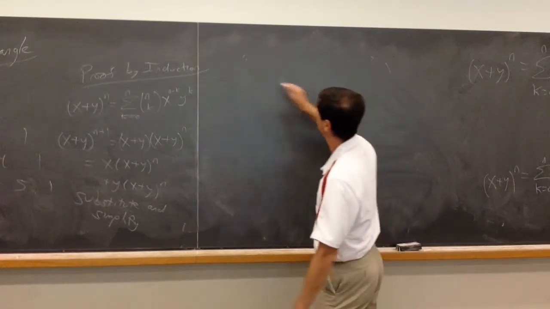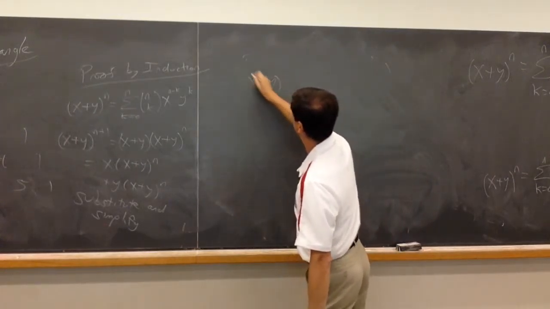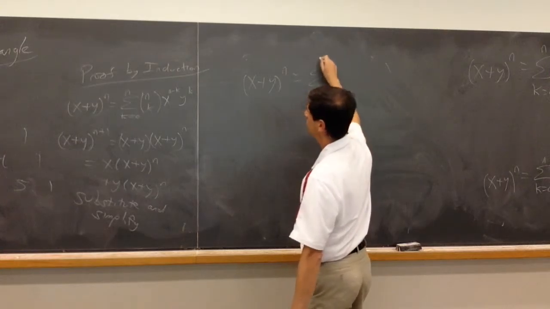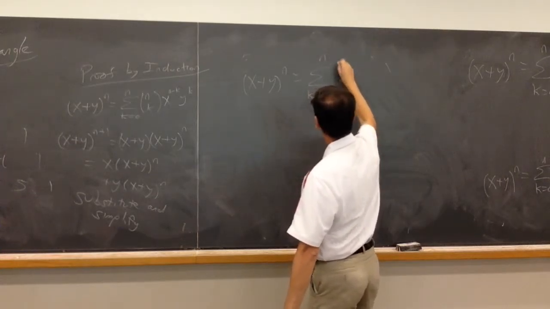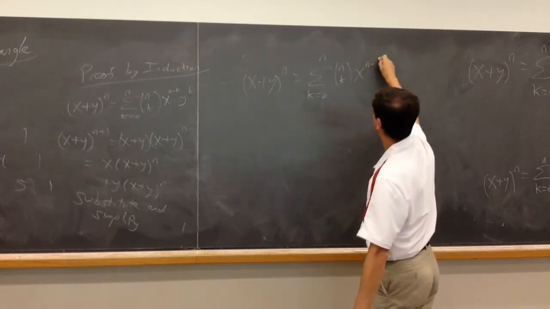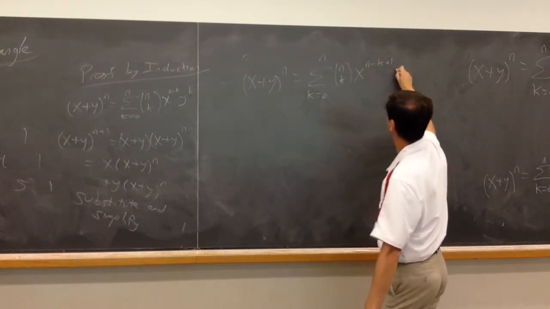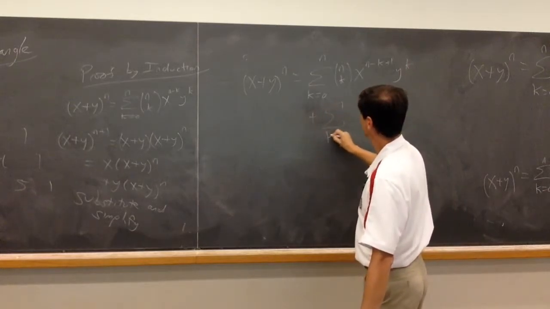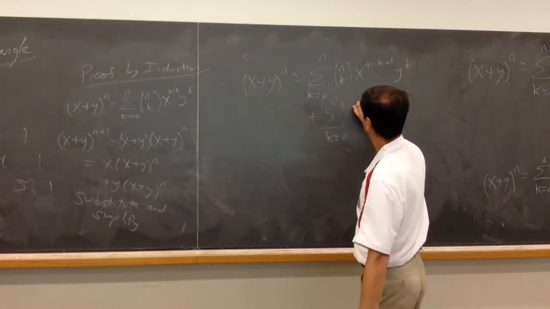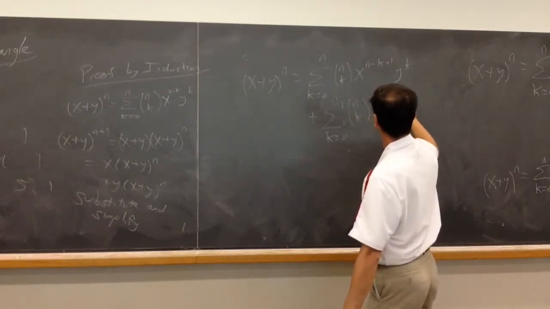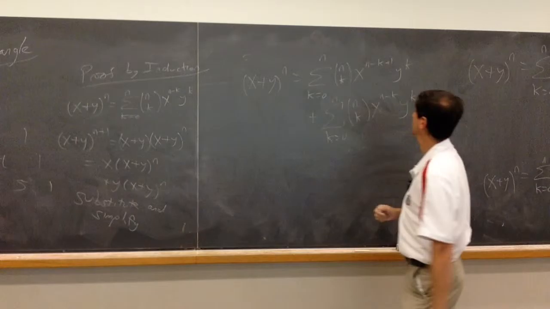But we would have (x + y)^(n+1) is going to be the sum, k goes from 0 to n, of n choose k, x^(n-k+1), y^k, plus a sum, k goes from 0 to n, of n choose k, x^(n-k), y^(k+1).